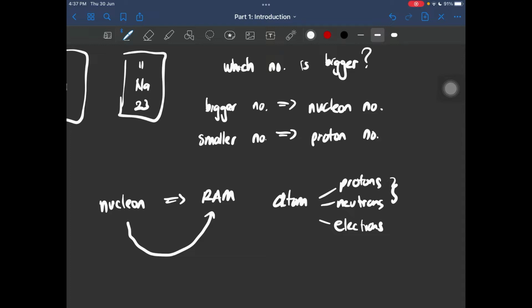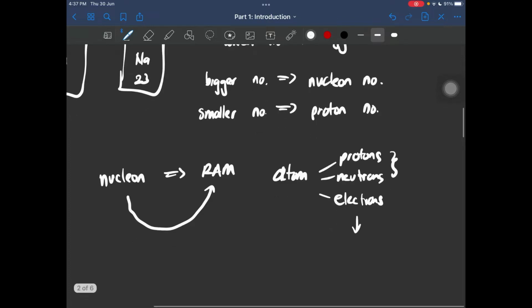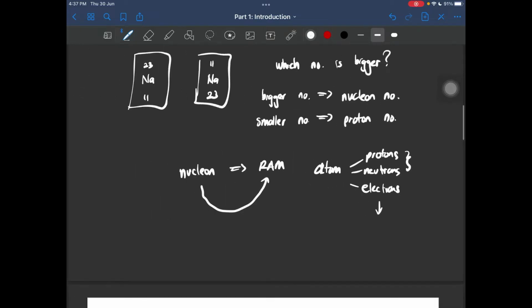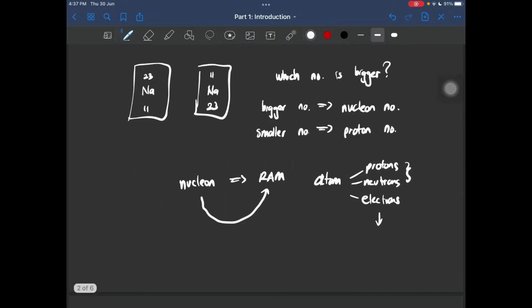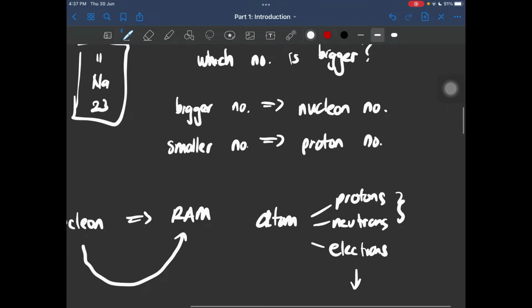The electrons have a very negligible mass. The mass is so insignificant that we only take into consideration the mass of the protons and neutrons in the atom, and each proton and each neutron has a mass of 1 unit, so the nucleon number is equal to the relative atomic mass. Another name for the proton number is the atomic number.